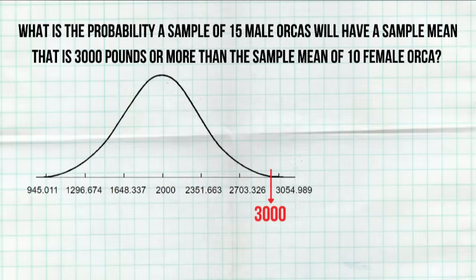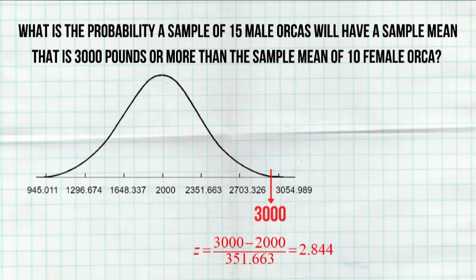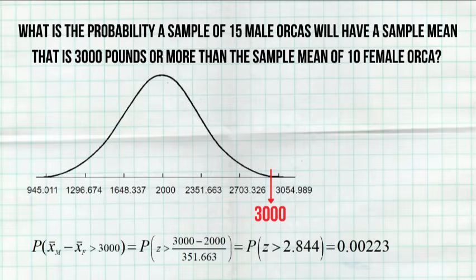Okay, so the first thing we have to do is, of course, locate the 3,000 pound difference on our sampling distribution. So we see that it's pretty high on the scale there, so we're going to need to identify the z-score, which is, of course, 2.844. So now we have to find the probability that the difference between the mean of a sample of male orcas and the mean of a sample of female orcas is greater than 3,000 pounds.